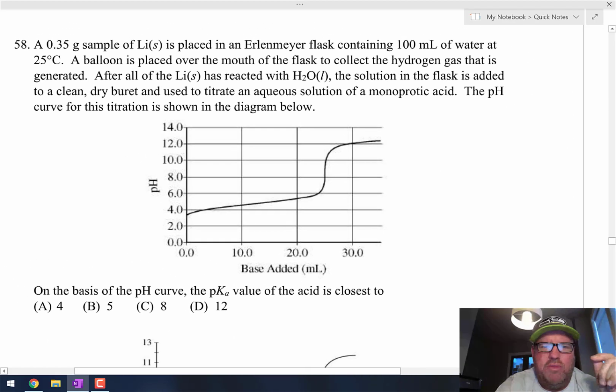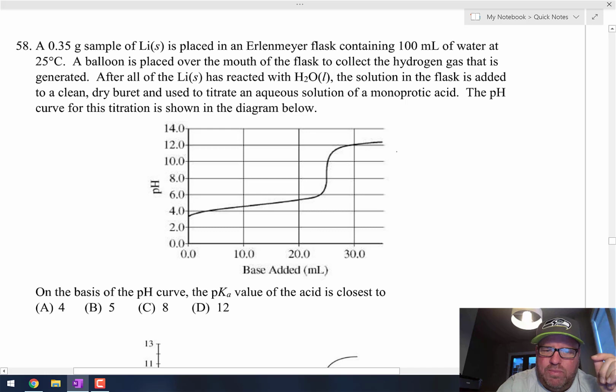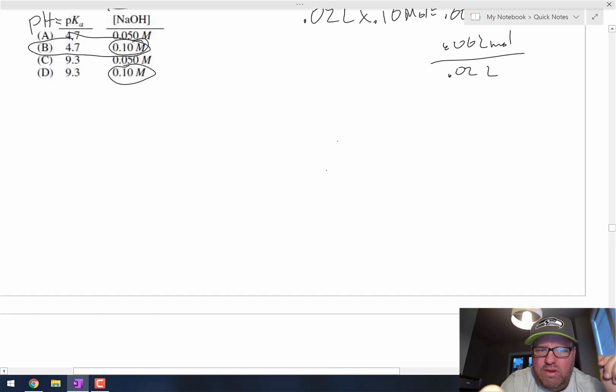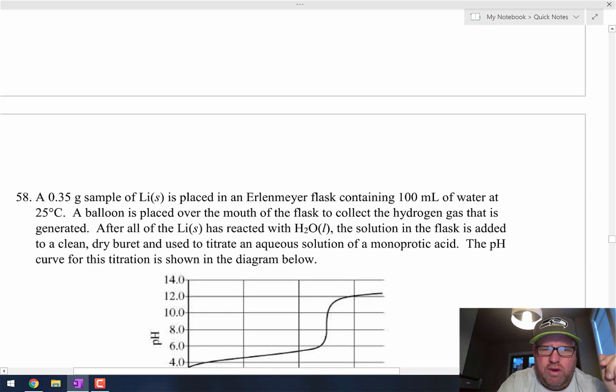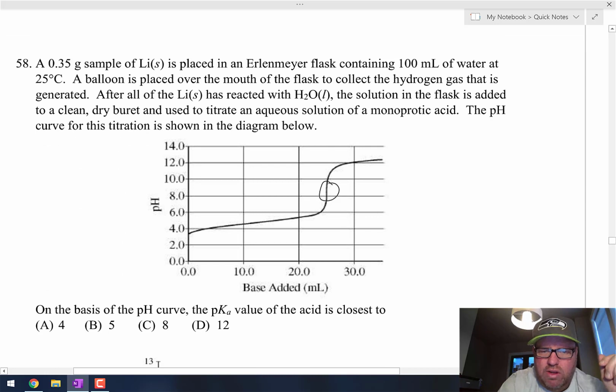Okay, let's jump to 58 here. Very similar type question. You've got a titration curve. The pH for the titration curve is shown below. On the basis of the pH curve, what's the pKa of the acid? So in this case, again, find the equivalence point, right around here, and then go down.